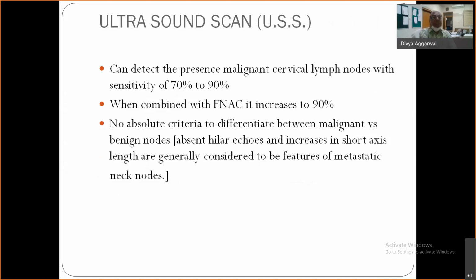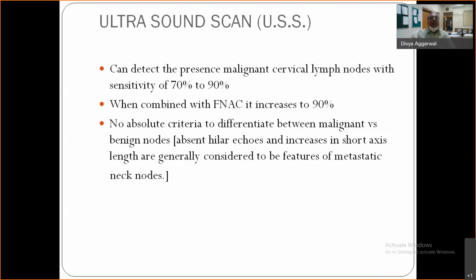Nevertheless, it is important and it has been documented in literature, and it can detect the presence of malignant cervical lymph nodes with a sensitivity of 70 to 90%. When combined with FNAC, it increases to 90%. You might have ordered in your OPD an ultrasound guided FNAC. That increases your accuracy of diagnosis of FNAC.